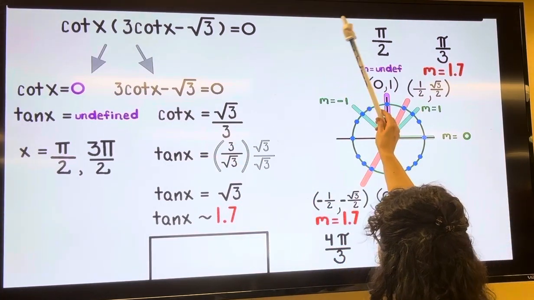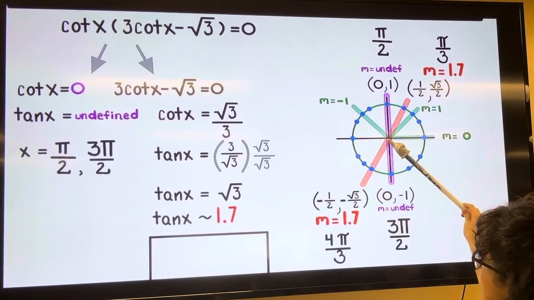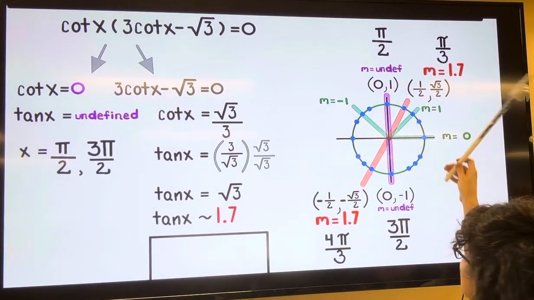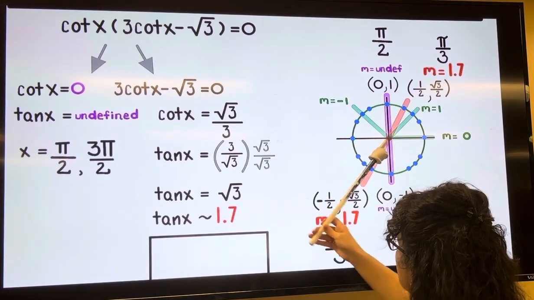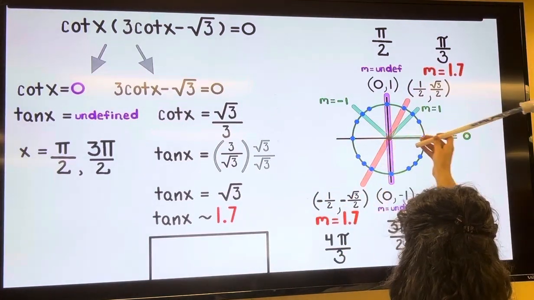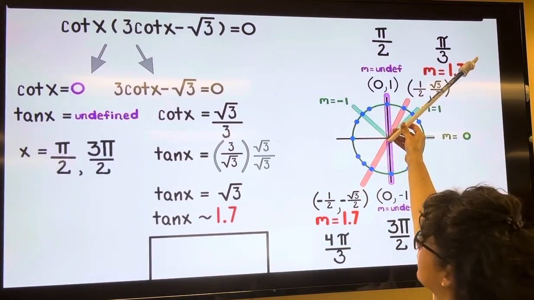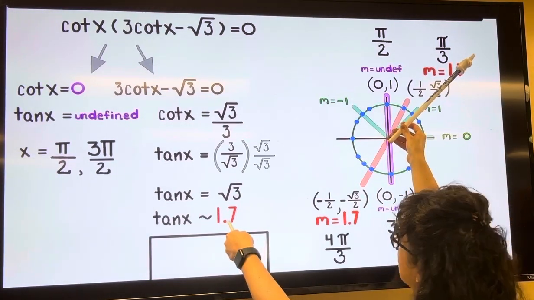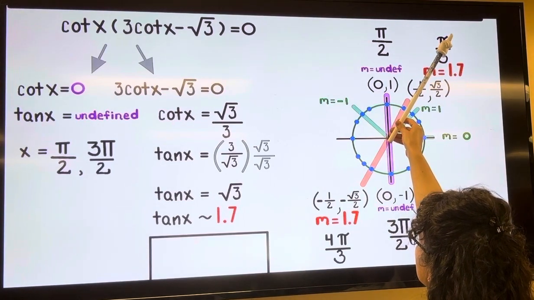Everything in quadrant 2 is downhill, so it's not there. Everything in quadrant 4 is downhill, so it's not there. So the slopes are positive in quadrants 1 and 3. At the 45-degree angle, the slope is 1, and our slope is 1.7, so it's a little bit steeper, so it's going to be that one.